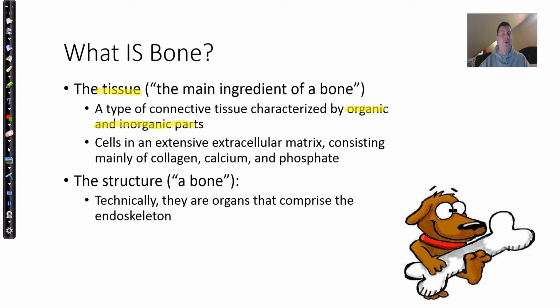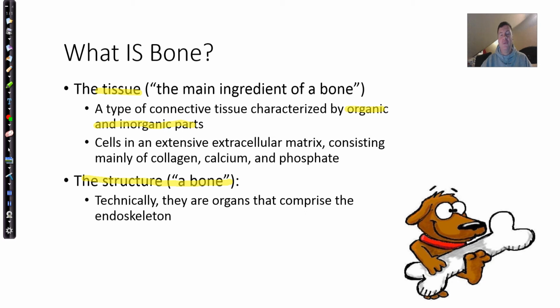So bone is a tissue. Let me back up. Bone is a kind of tissue. It also makes up what we think of as a humerus, or a tibia, which is the other case down here. When we say the term bone, we can think of a structure.